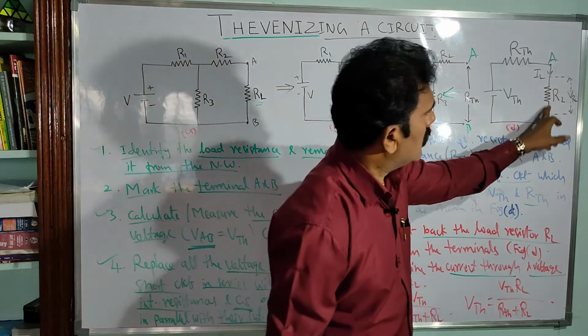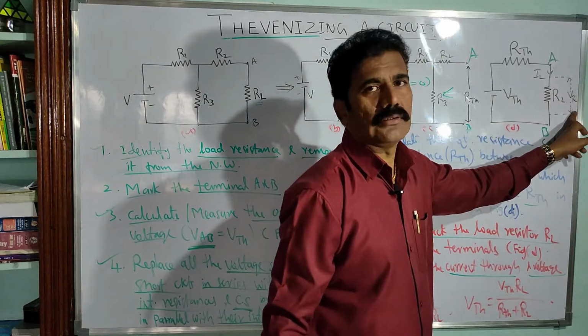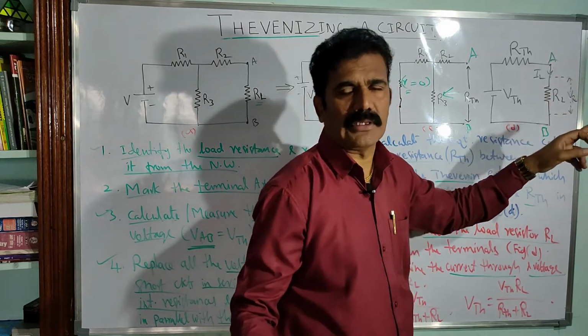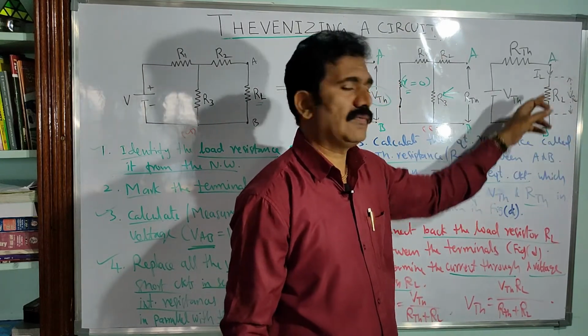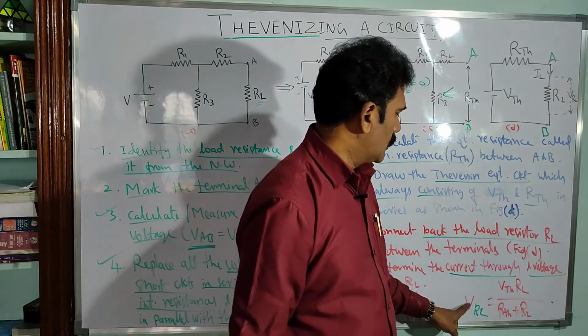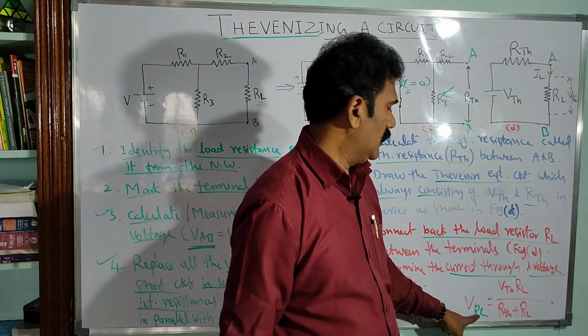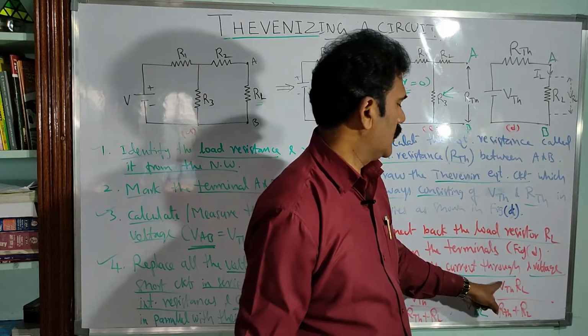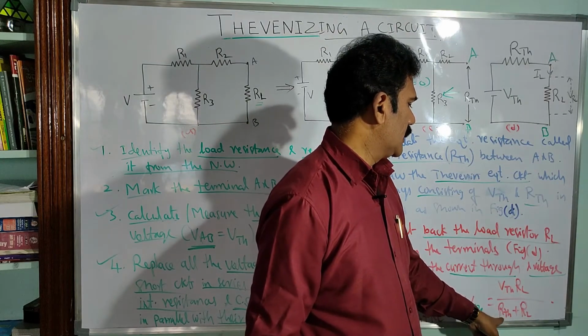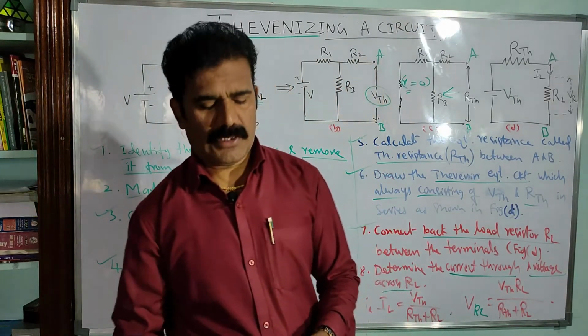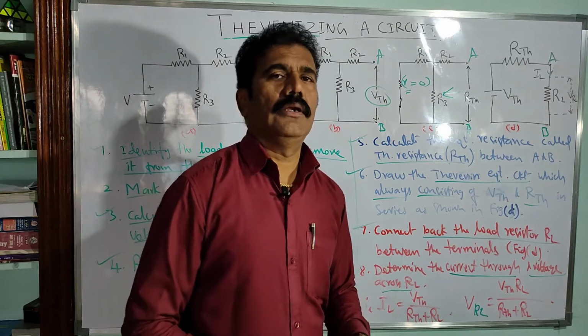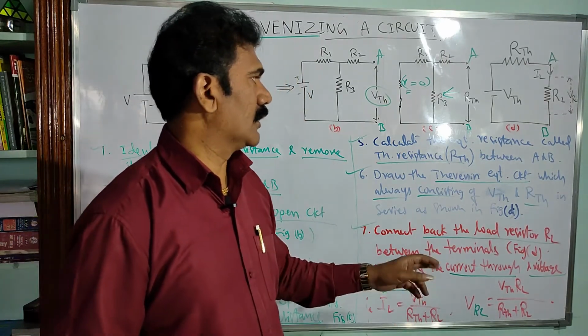Similarly, the voltage is measured across the resistor by connecting a voltmeter. To calculate it, you follow Ohm's law again. The voltage across the load resistor RL is equal to VTH times RL divided by (RTH plus RL). Like that, you can calculate the current through the load and the voltage across the load.